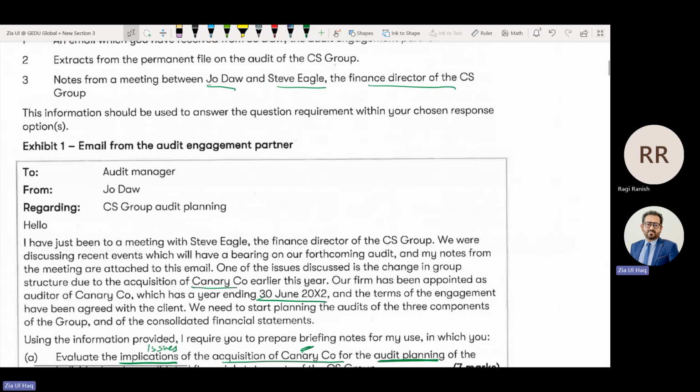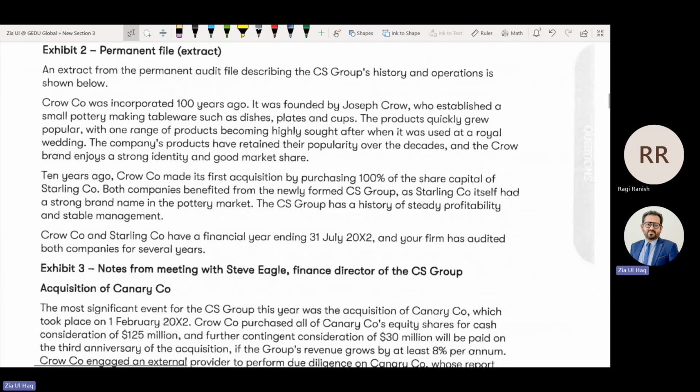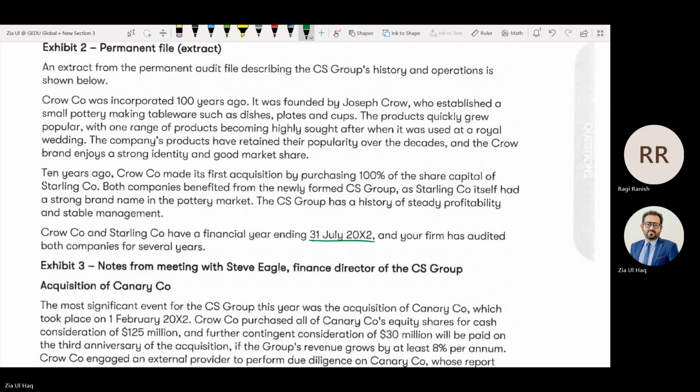If we see, Canary Company has a year end of 30th June 20x2. What's the year end of the group? That is 31st July 20x2.